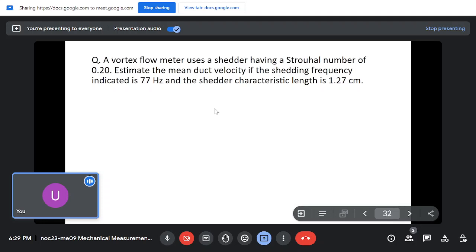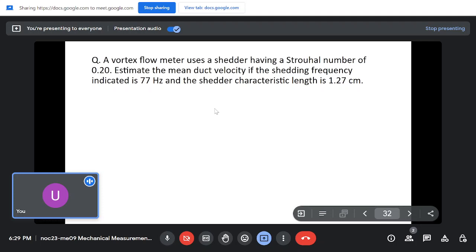So next, moving on, we have a vortex flow meter which uses a shedder having a Strouhal number of 0.20. Estimate the mean duct velocity. The shedding frequency indicated is 77 Hz, and the shedder characteristic length is 1.27 centimeter.